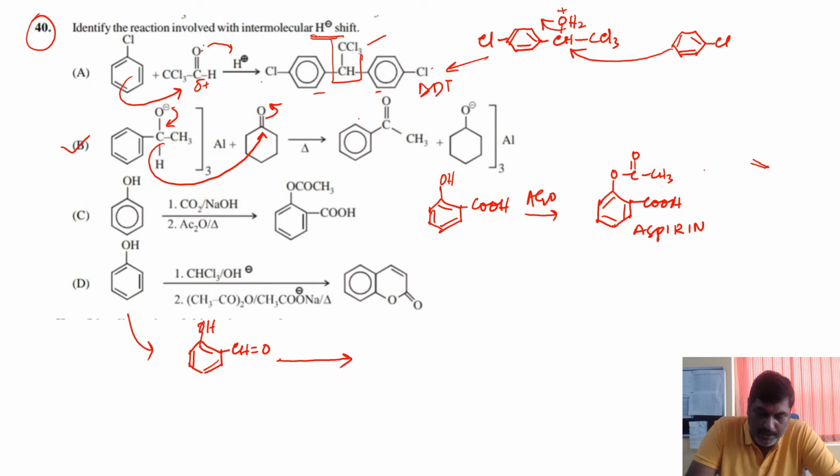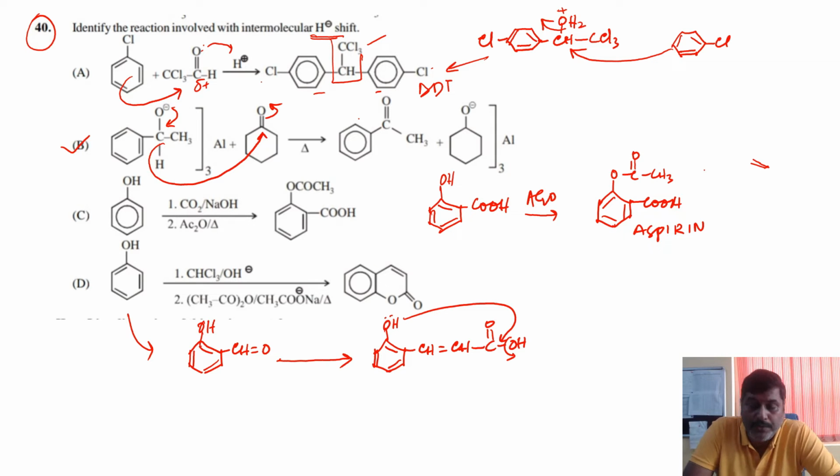This will be converted to OH, and there is CH double bond CH, and there the C double bond O, and there the OH, right? And again this OH group will be attacking on this COOH. This one is pushed out, right? And then you will be getting this kind of product.